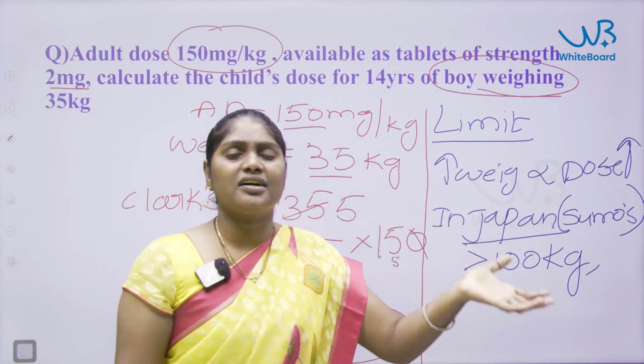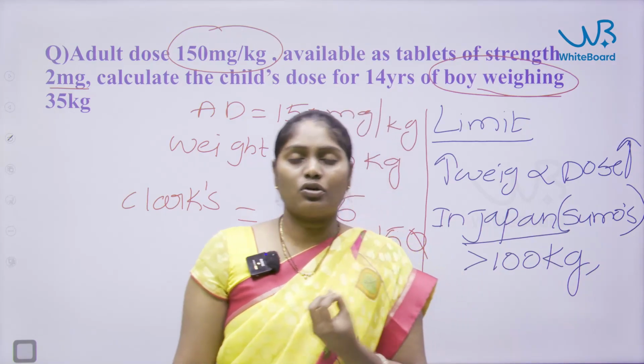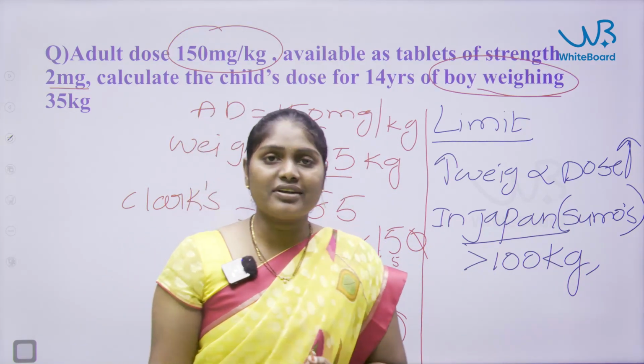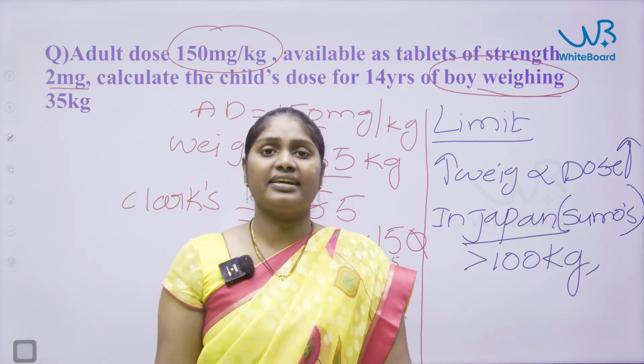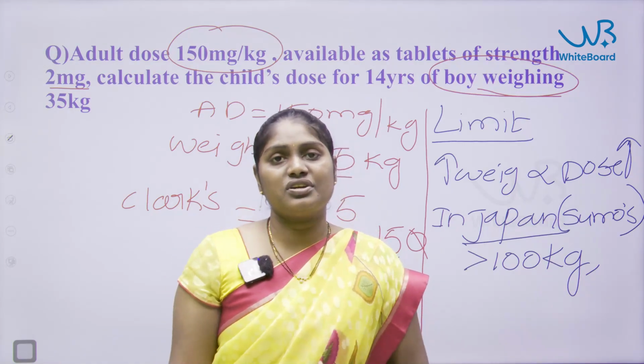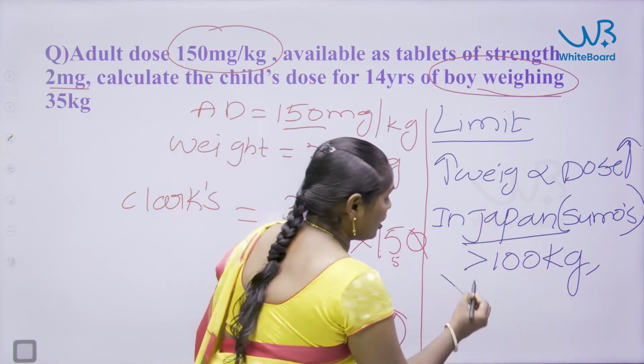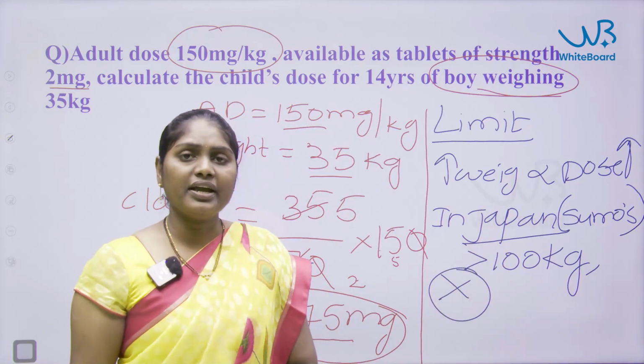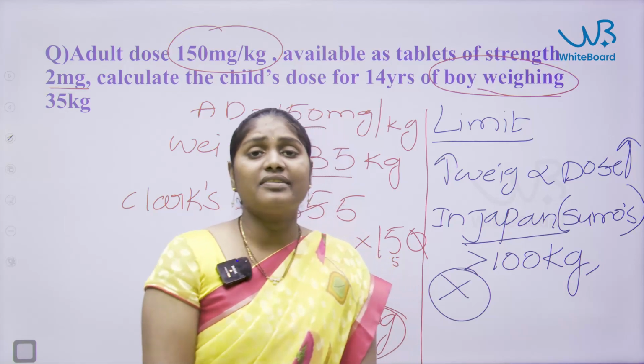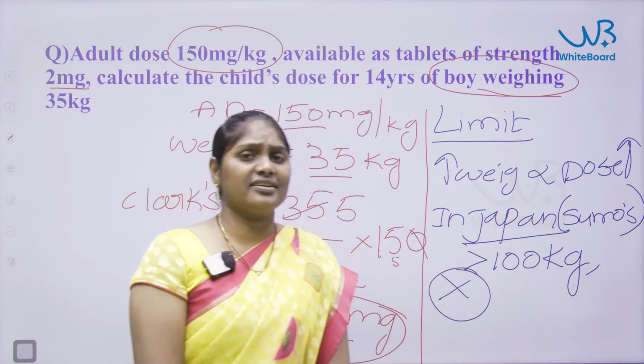So for overweight children, that is more than 100 kgs, usually this Clark's formula is not applicable. Okay, because the weight is not the same in all the countries, right?